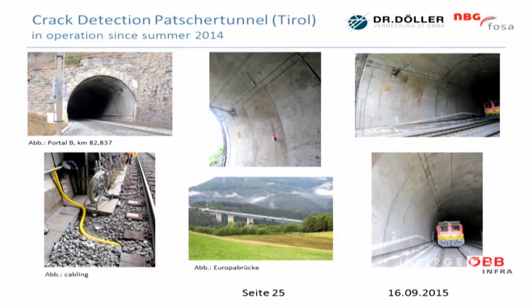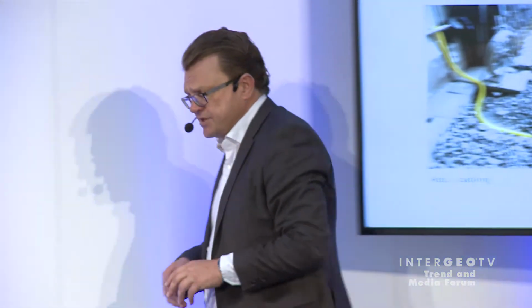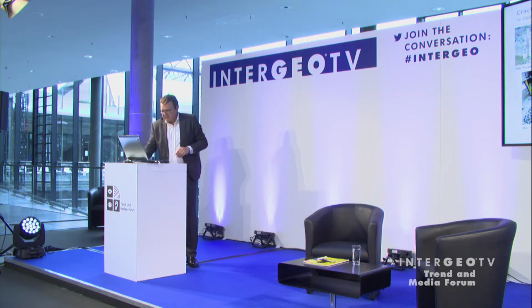Additionally, a crack detection project in the Pacha tunnel, a very famous tunnel below the European bridge and Brenner. We have 12 cracks in this tunnel which are monitored by FBG technique. So you see one mountain here, one big crack at the beginning of the tunnel, and here we have an FBG sensor which is installed permanently, and we get the measurement data from this crack.